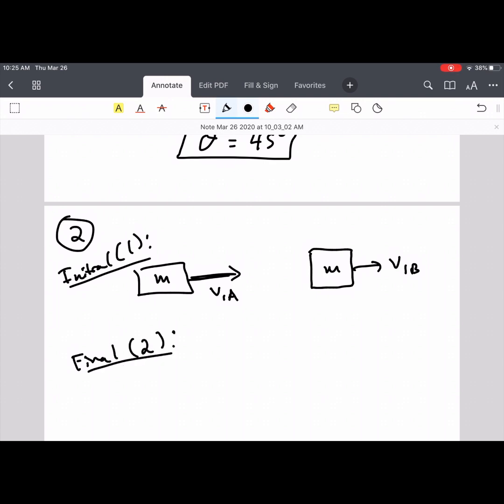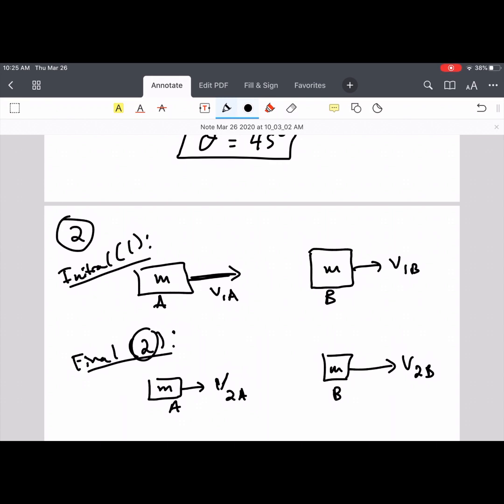So in the previous formula, 1 corresponded to initial, 2 corresponded to final. This guy's going to be moving, let's say, to the right with velocity v2b. And this guy, object A, is moving final, which is 2. So this is v2a. One of the hardest things and one of the most important things in these problems is keeping your labels correct. So here we go, v2a, and the other object is moving to the right with v2b.